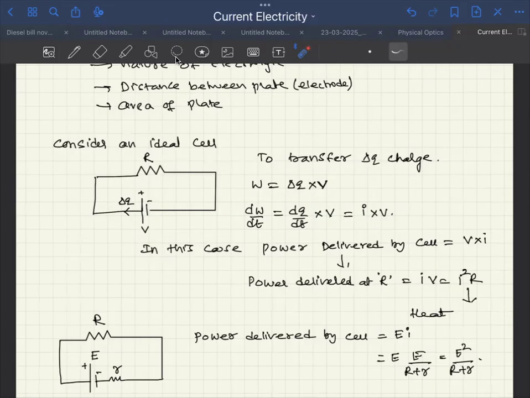You will notice the battery needs to do two different works. One, to maintain current through the load. Two, to maintain current through the internal resistance part. It has to do two things: to maintain current through the external load, and to overcome the internal resistance.